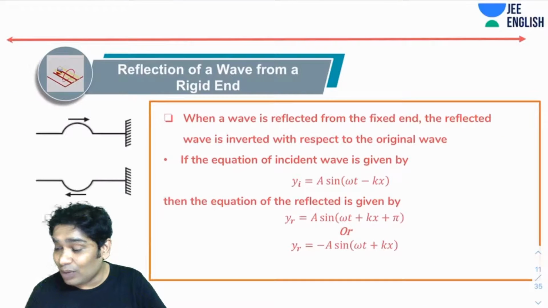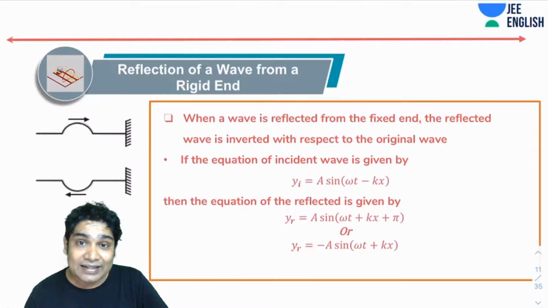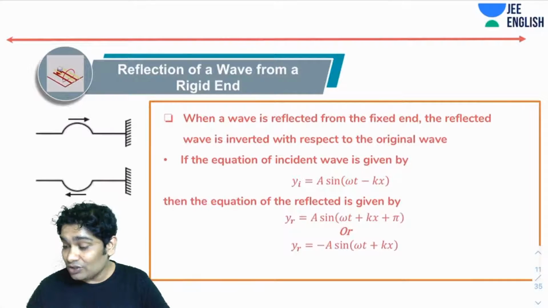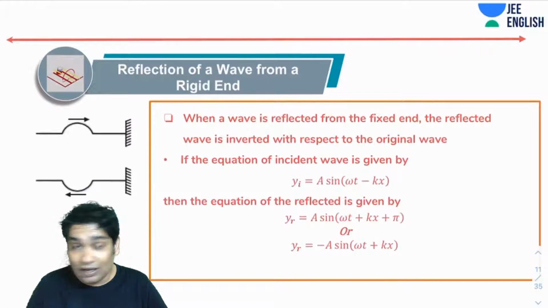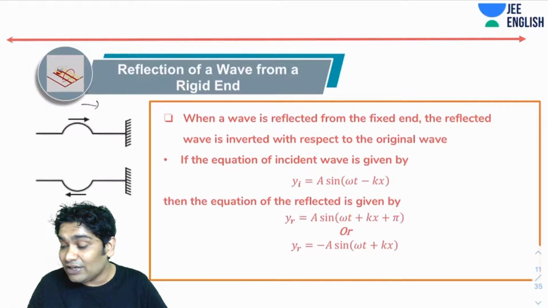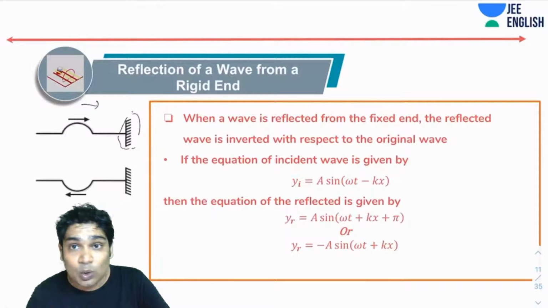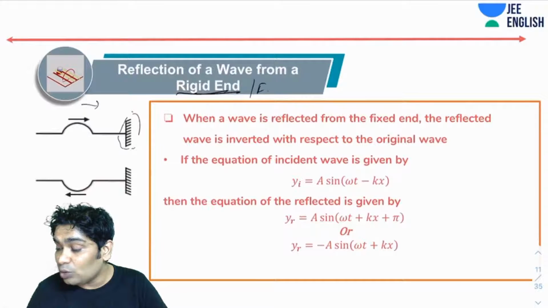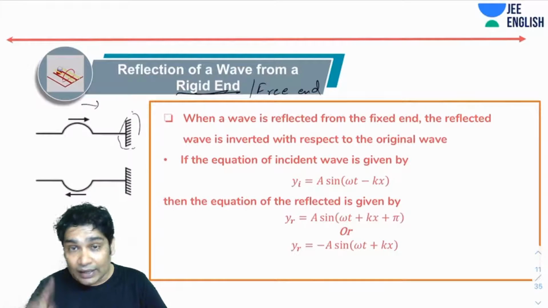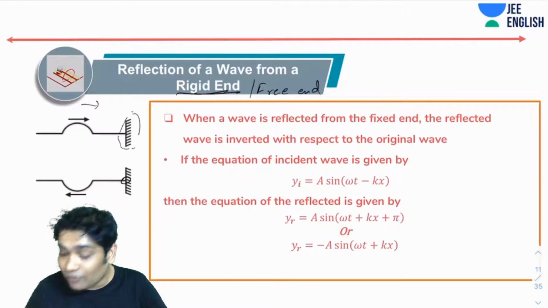So let's talk about that. Before understanding standing waves, we need to talk about the reflection of waves from two ends. Imagine you have a wave going along a string, and eventually it comes across a boundary. These boundaries are usually of two types: a rigid end and a free end. A rigid end is one which is not free to move.